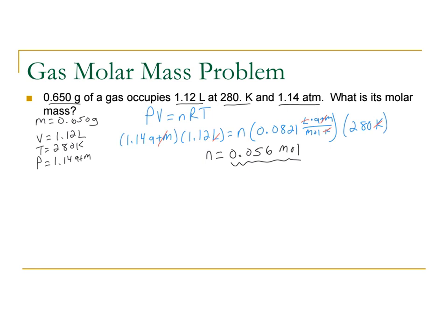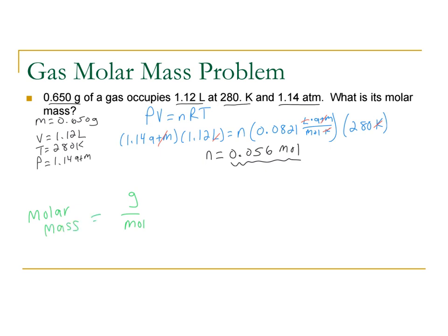Well, the overall goal here is to figure out the molar mass of the gas, not just to get the moles. But I really don't have much further to go than where I am right now. Remember, molar mass equals grams per mole. And I actually have both of these quantities right now.